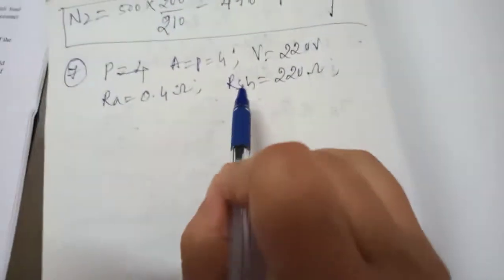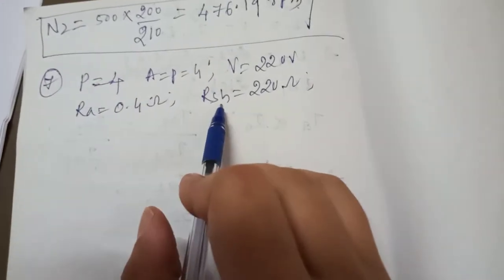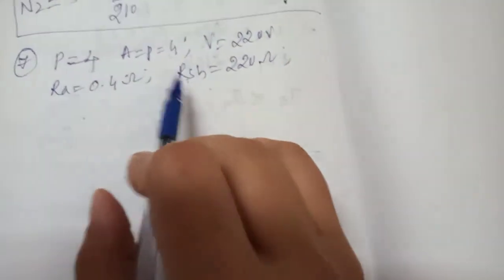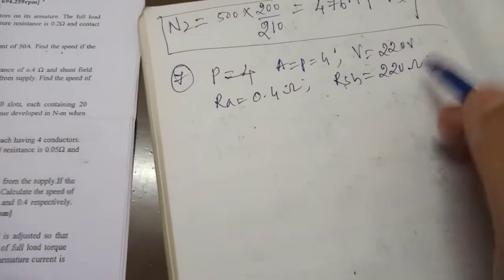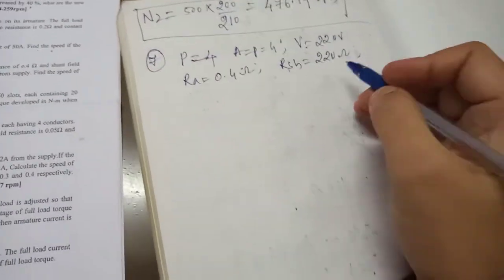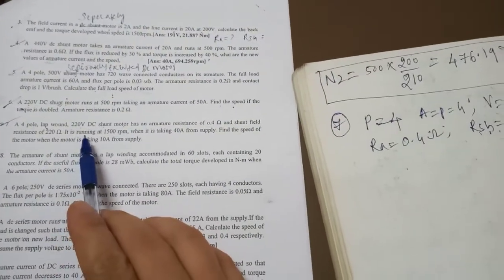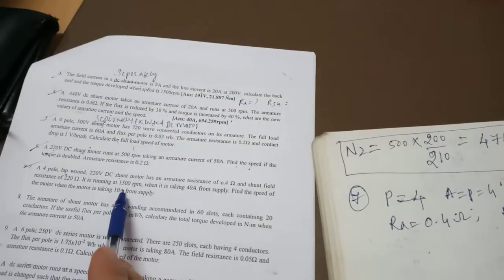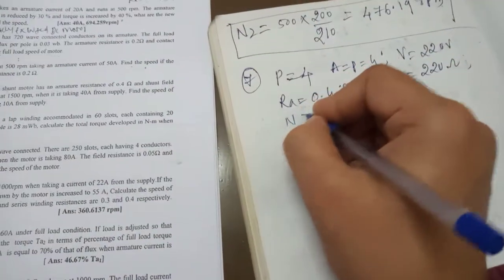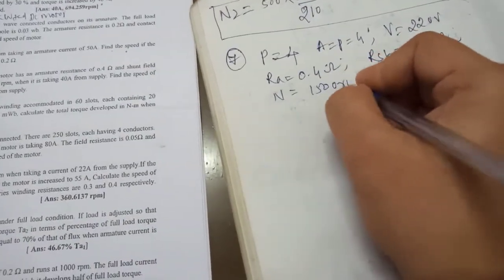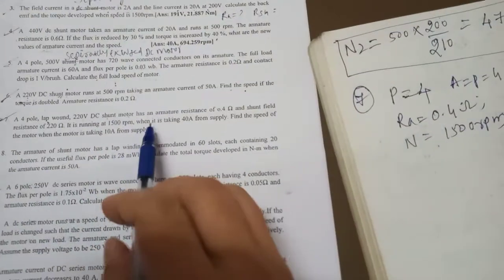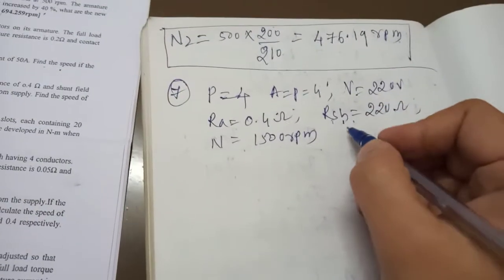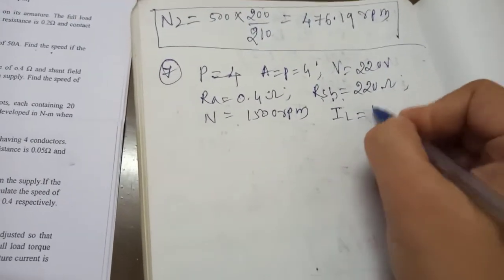In a separately excited motor, instead of RSH I will write RF, field resistance; RSH is for the shunt motor. It is running at 1500 RPM, so N is equal to 1500 RPM, when it is taking a current of 40 amps from the supply. Supply current means line current. Line current is 40 amps.